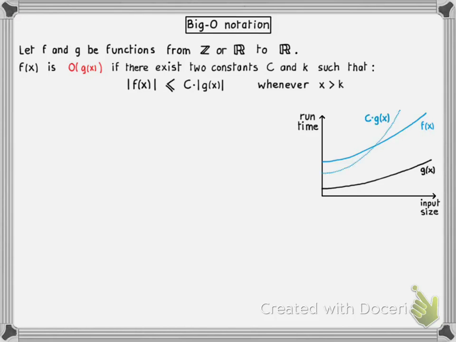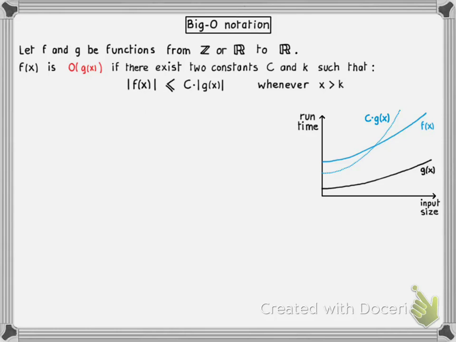And in this case, what you notice is that starting at 0 for x up to about this point, c times g of x is below f of x. In other words, c times g of x is less than f of x. So we don't have this property here.